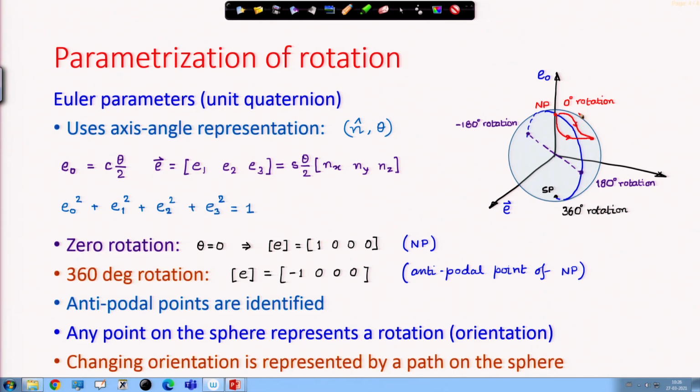And these paths, remember, are all on this unit sphere, a 3 sphere in 4 dimensional space. And now you can think of how you can visualize how orientation is changing, just like you visualize change of position of a particle, which is indicated by change in the coordinates. Similarly, change in these parameters will indicate change in orientation.